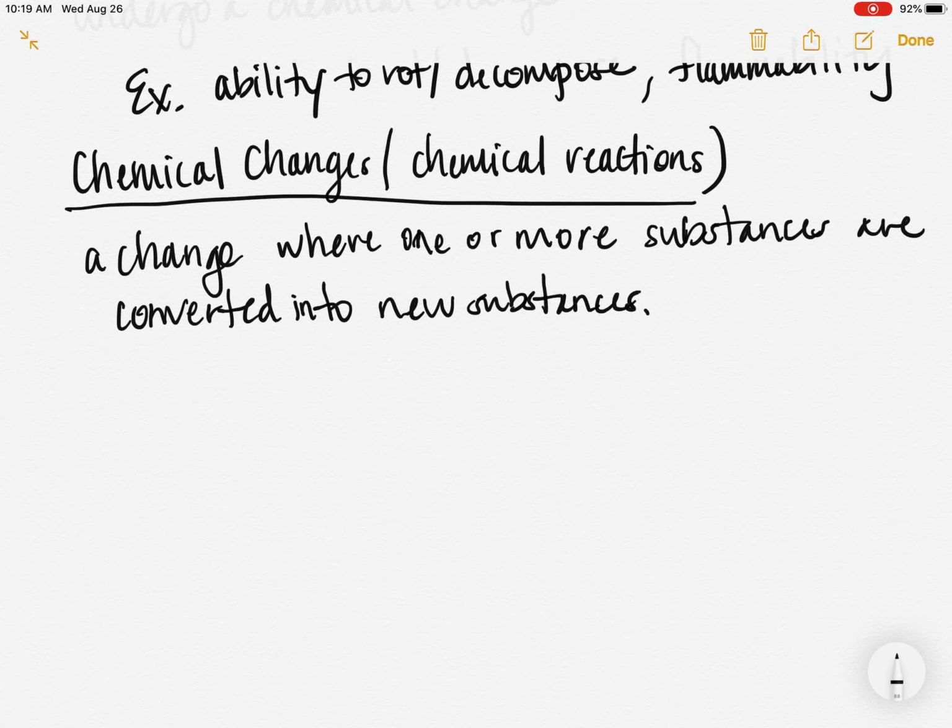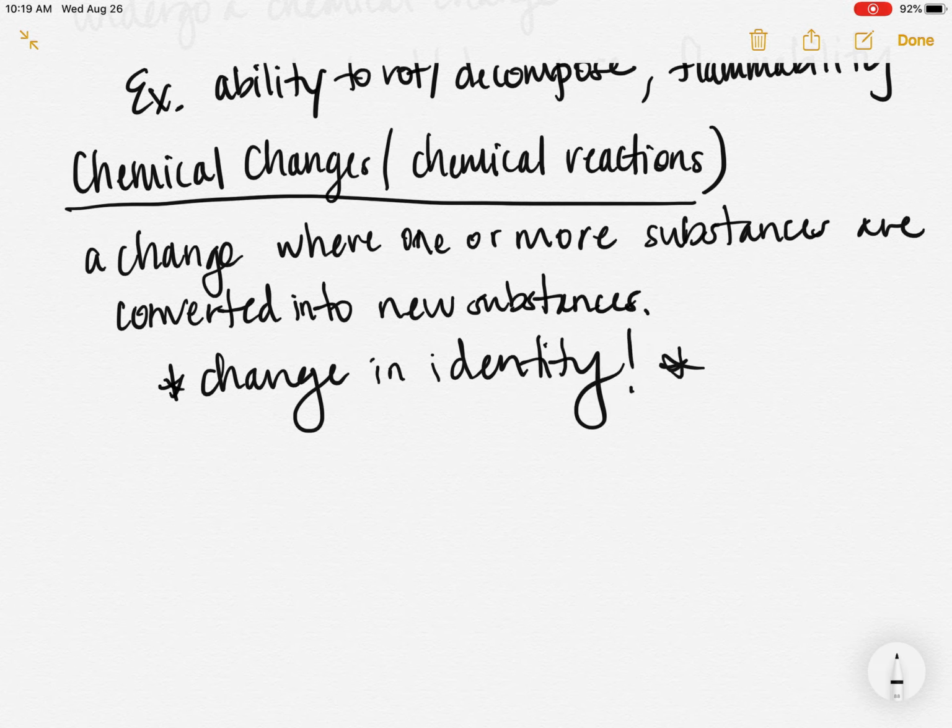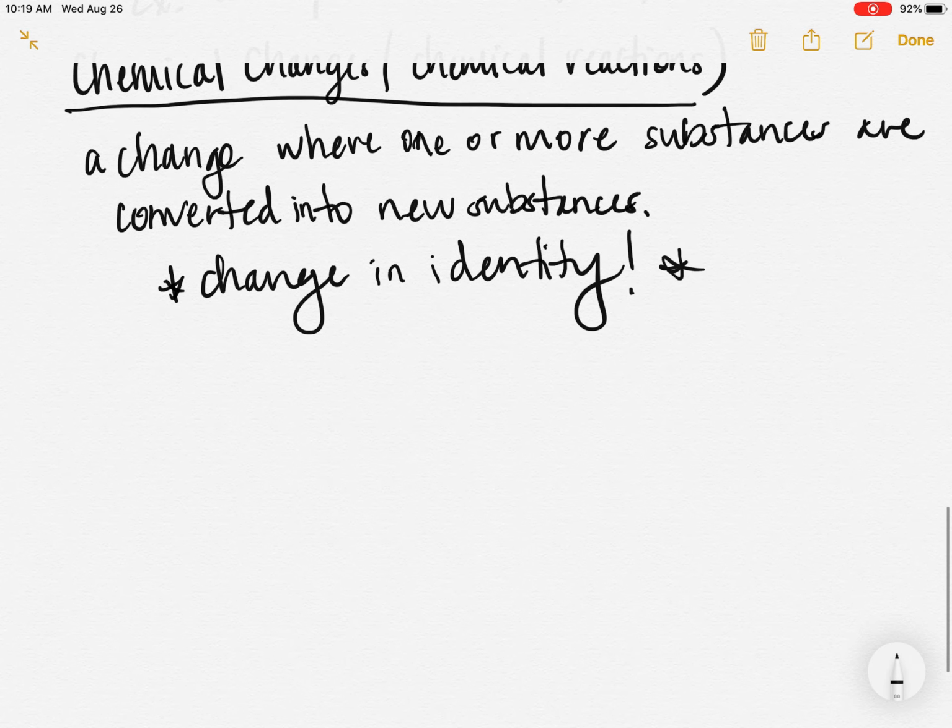Okay, there has been some kind of change in identity. Whereas in a physical change, there was no change in identity, right?